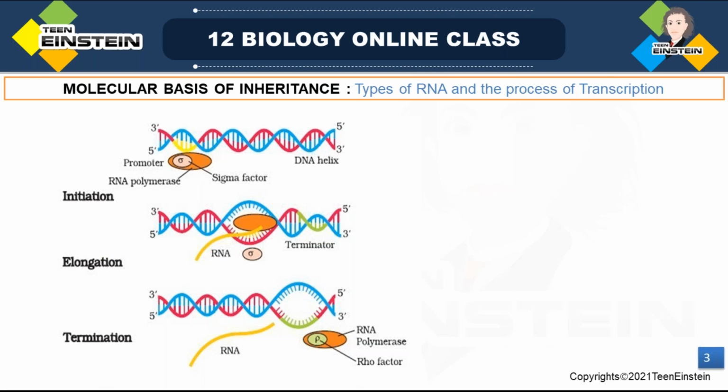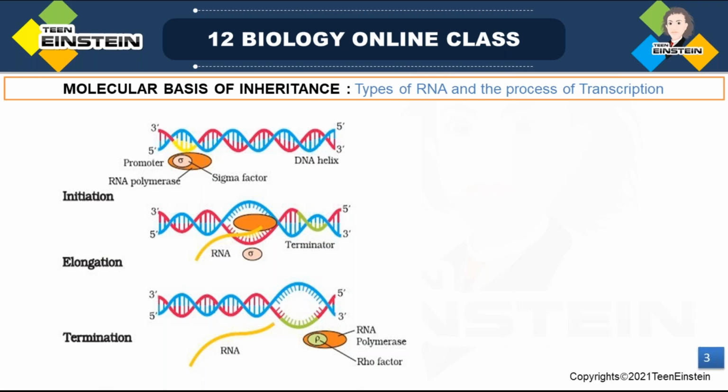The largest one is the rRNA. Next is tRNA, the transfer RNA, and this is the smallest RNA. And next is the mRNA, the messenger RNA, and this is least abundant.